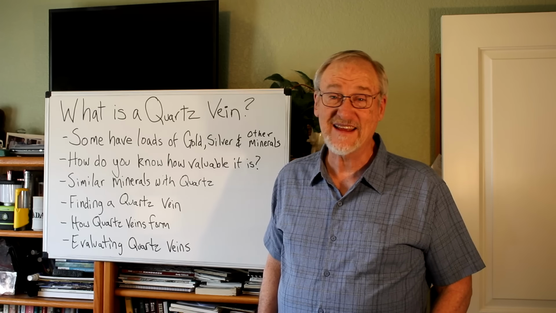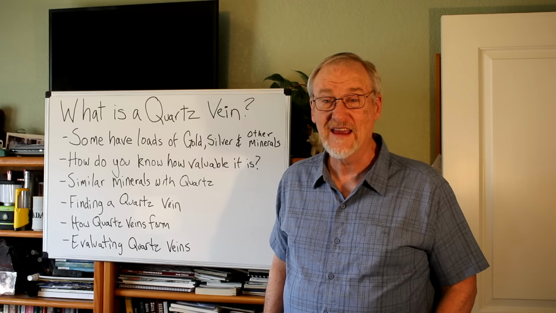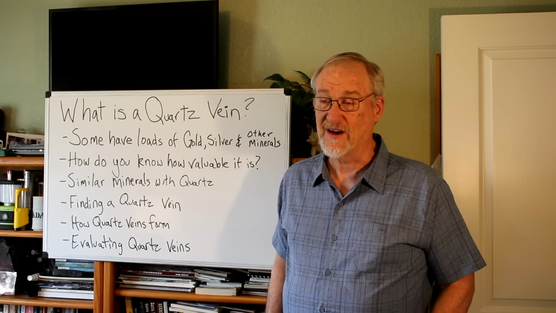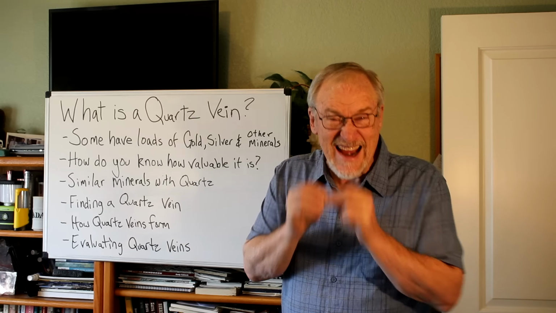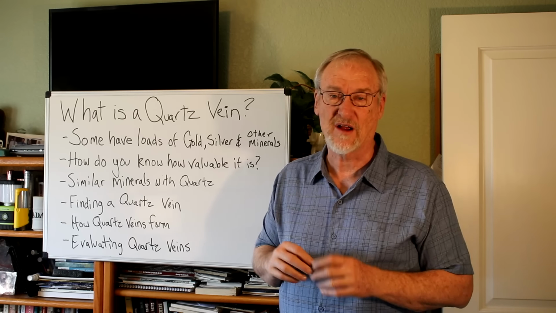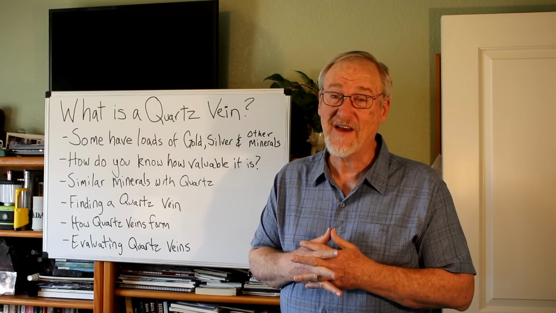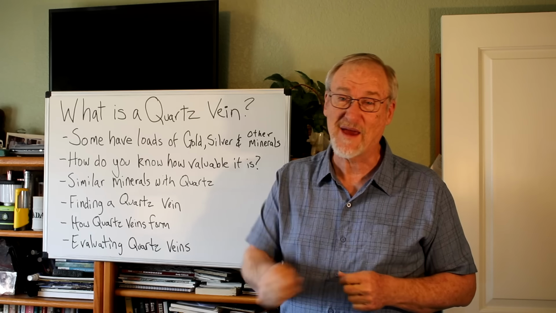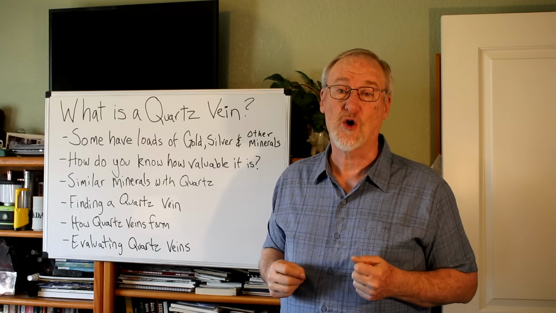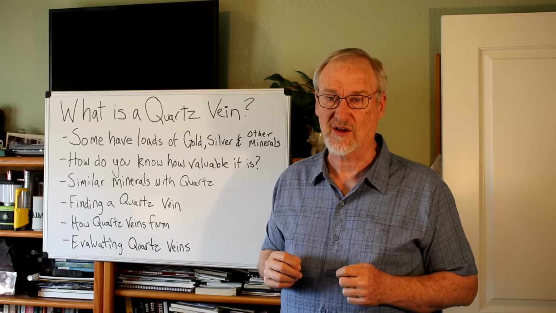One way to test a whole lot of quartz quickly is to do it with a metal detector. Now, if you have only little tiny dust-sized gold particles in it, you may have a lot of that, and it may be valuable ore, and you just test it with a metal detector. Metal detectors don't see dust-sized particles of gold.